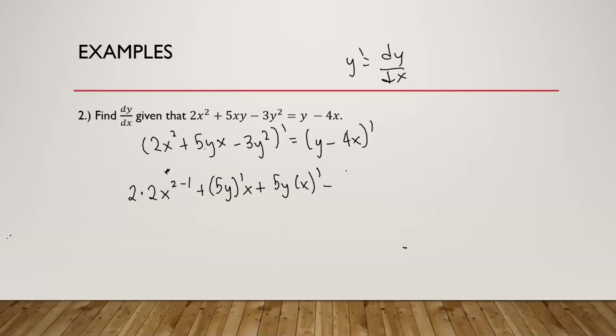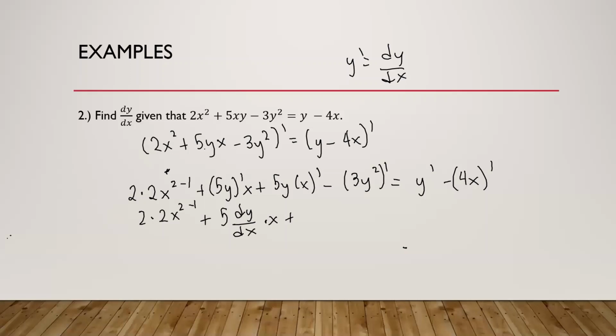Okay, so dito naman po, i-differentiate na natin to. Okay, so isi-simplify natin. So, yung y prime na yan ay dy over dx times x plus dito naman po, pag sinabing x prime, automatically 1 na siya.